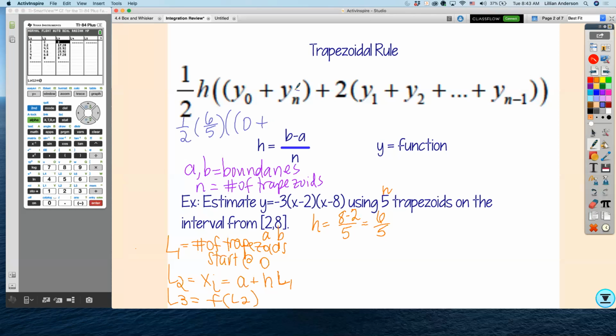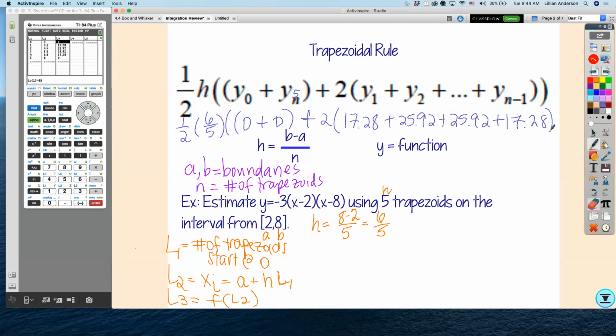And Y sub n is essentially Y sub 5, because remember we're using 5 trapezoids, so that would be this value here of 0. Then we'll have 2 plus Y1, Y2, essentially everything in between our starting value of 0 and our ending value of 5. So that'd be plus 2 times 17.28 plus 25.92 plus 25.92 plus 17.8.